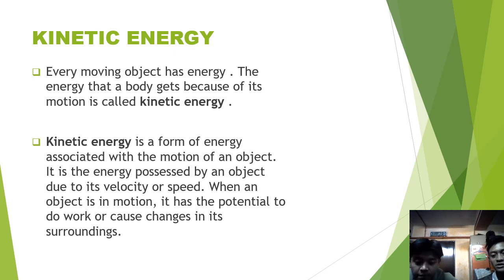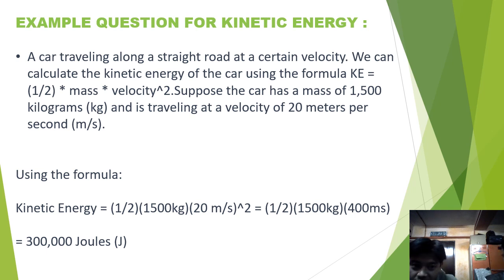So this is the example question for kinetic energy. A car travelling along a straight road at a certain velocity. We can calculate the kinetic energy of the car using the formula KE equals 1/2 times mass times velocity squared.